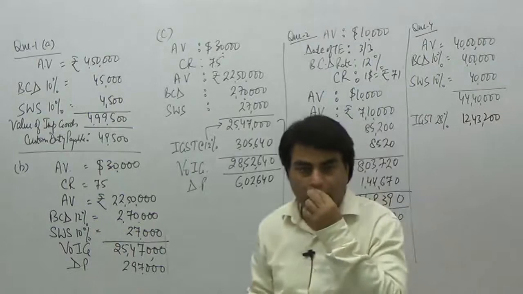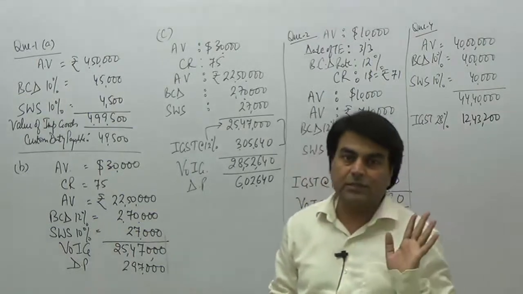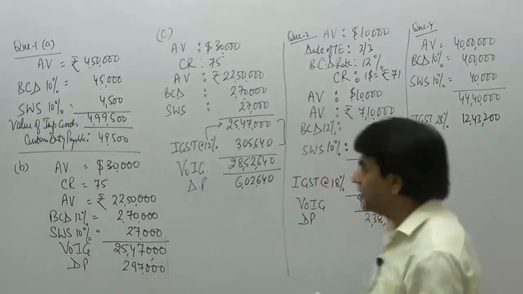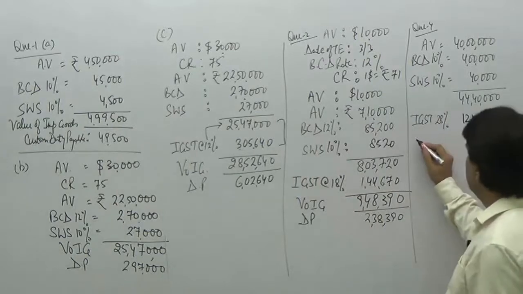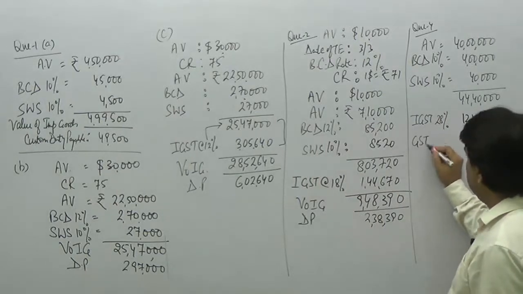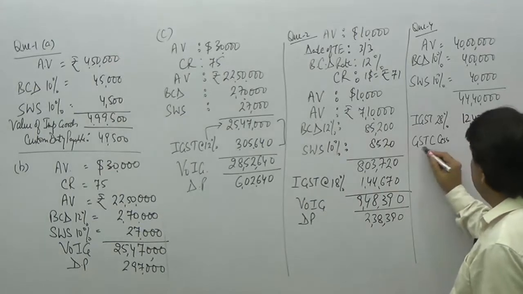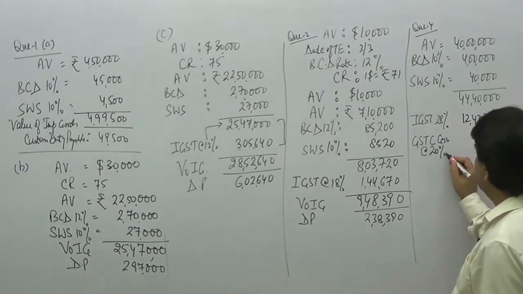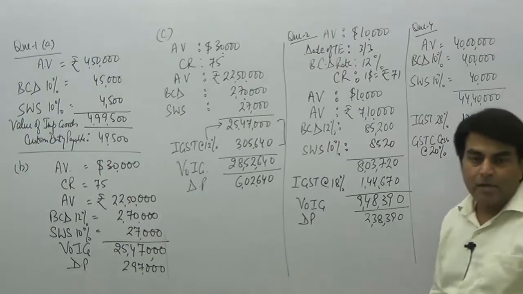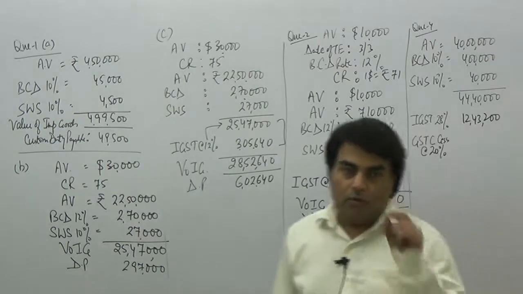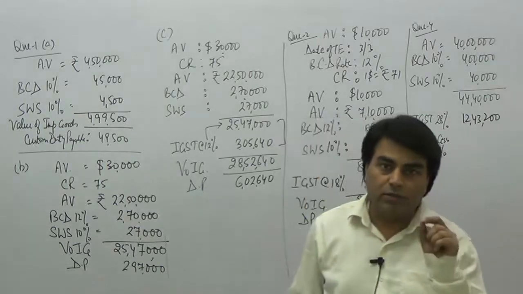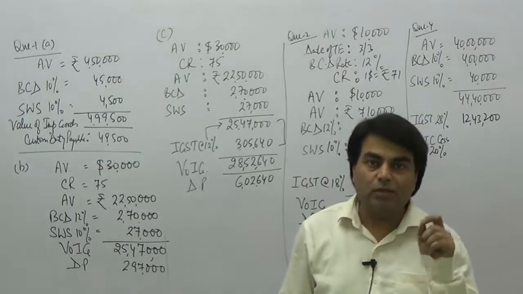Now it is the turn of GST compensation cess. The rate given is 20%. GST compensation cess at 20%. Okay. Now, on what are you going to apply this 20% rate?